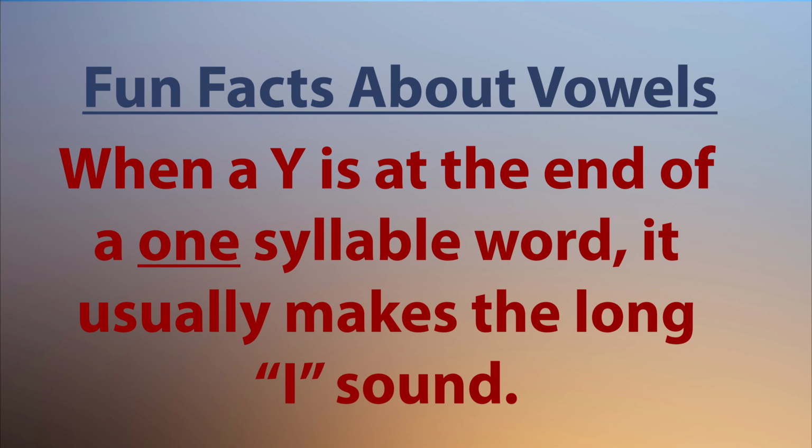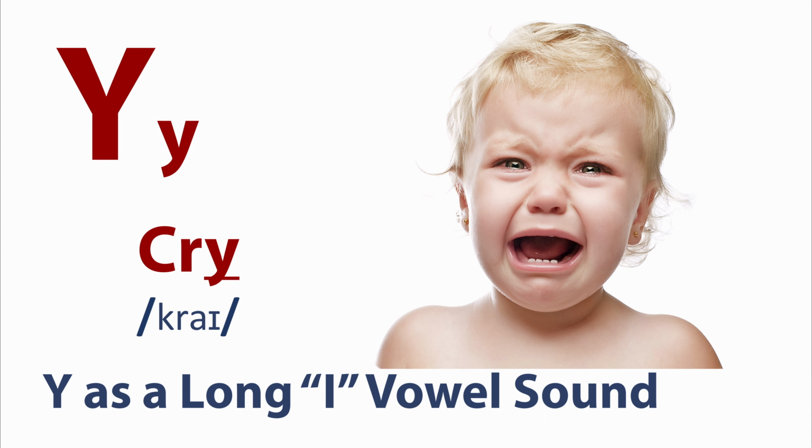Now, when the Y is at the end of a one-syllable word, it usually makes the long I sound. Let's take a look at some examples. Cry. The Y in cry is making the I sound. So Y isn't really giving us any new sounds.